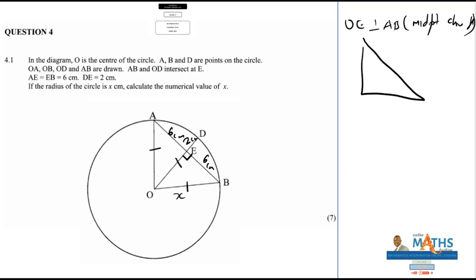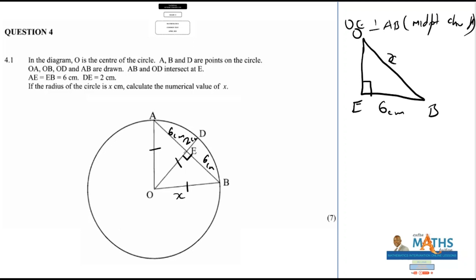I will draw my right angle triangle. There is E, because now I've realized that my E is 90 degrees. There is B, and then there is O. OB is equal to x. EB is equal to 6 centimeters.